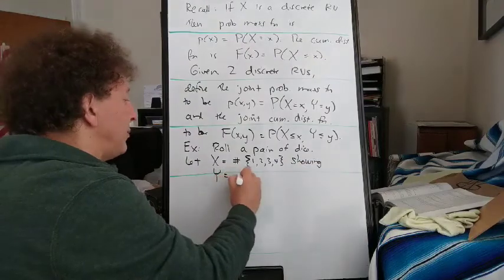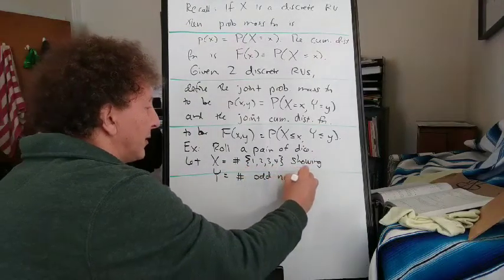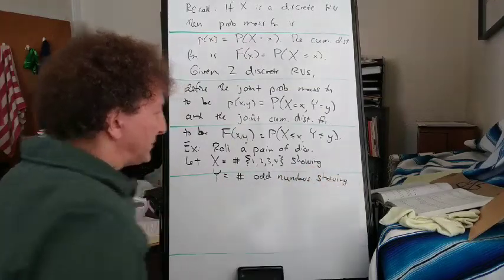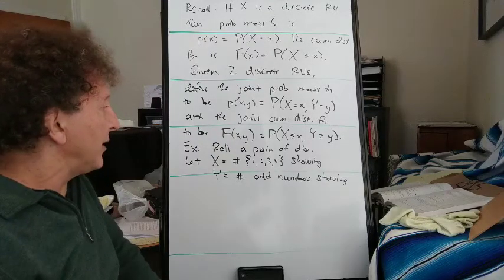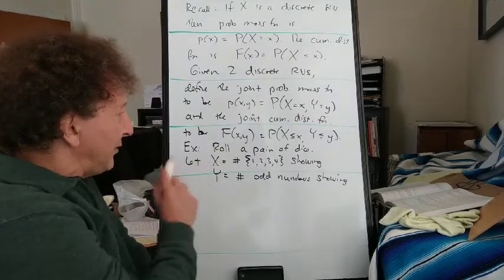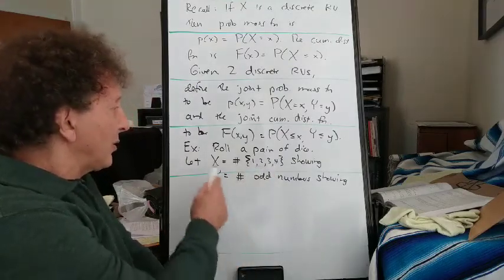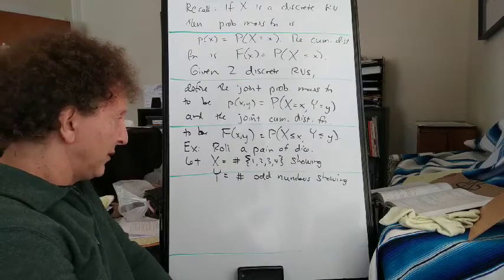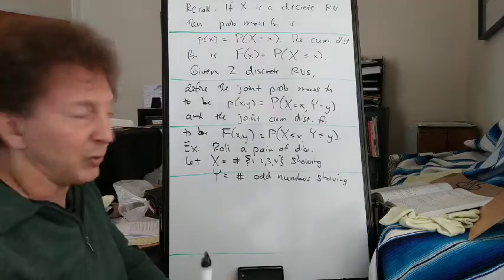And let Y be the number of odd numbers showing. Now we've rolled a pair of dice, so we can either have X be 0 if none of these numbers are showing, or 1 if one of them is showing, or 2. We're only rolling a pair of dice, so we couldn't have more than 2 of these. Same with Y. We either have no odd numbers, 1 odd number, or 2 odd numbers.